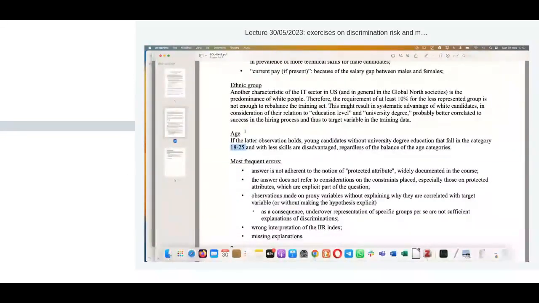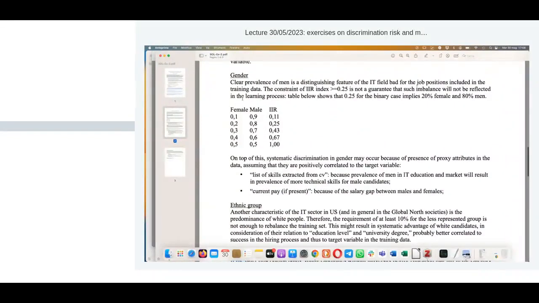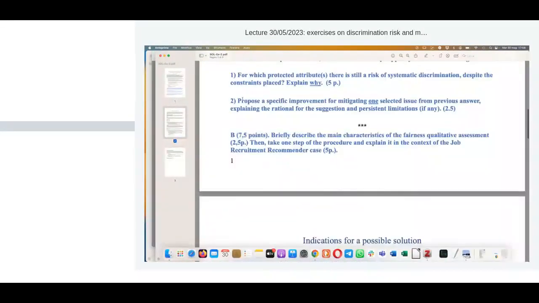But you didn't put gender at all. So gender was important to be there. The training data is exactly from the company.